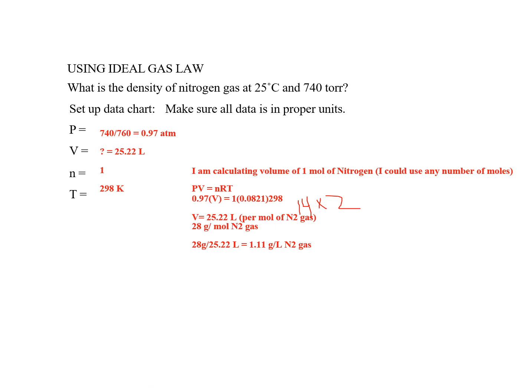But if you want to convert the 25.22 liters to milliliters, it is okay, or you keep it like this, it is okay. But this one, the final answer, is the density. This one for the nitrogen gas is the density of the nitrogen gas for this question.